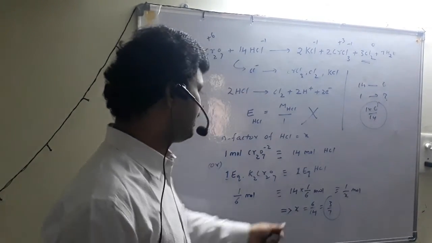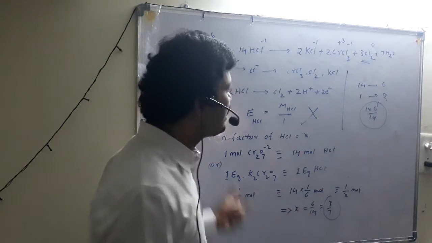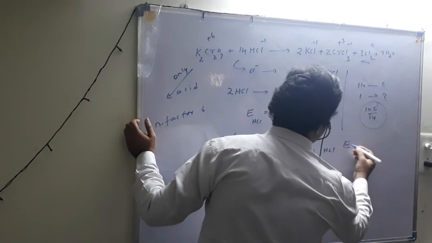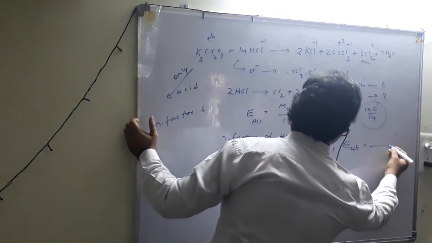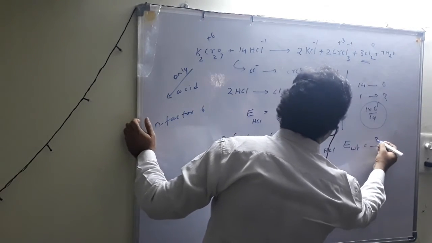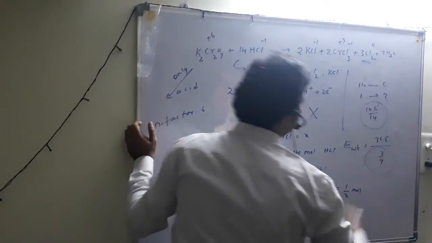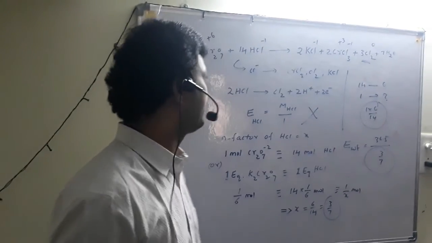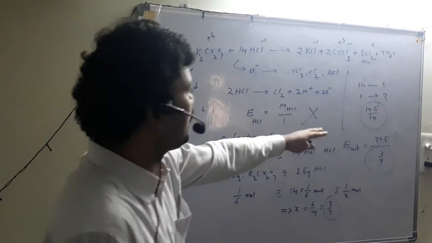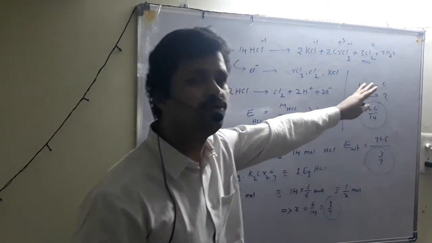Obviously, after calculating the n factor, equivalent weight will be very easy. Equivalent weight is equal to molar mass of HCl, that is 36.5, by n factor. What is that n factor value? 3 by 7. So we can calculate in a simple manner, but the tricks approach is not always good.